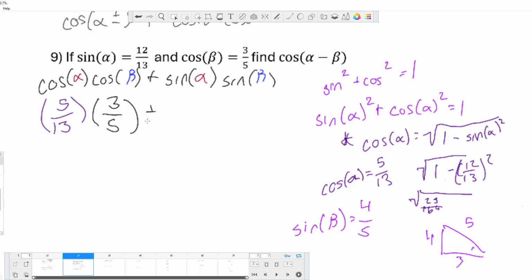Plus sine of alpha was given. And sine of beta was one of the ones that we figured out over here. And then at that point, we get sad because we actually have to do a little bit of math here.